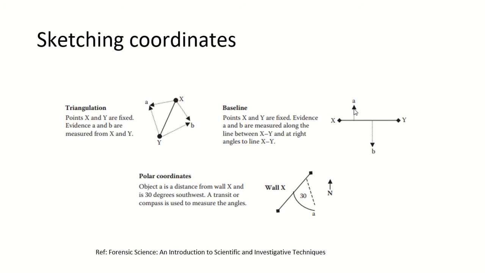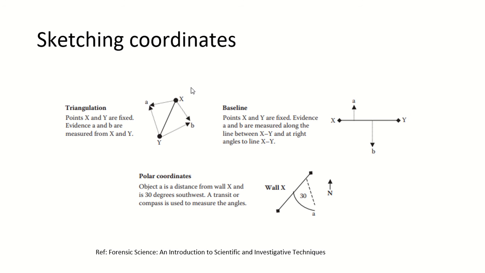The distance along the line between x and y, and at right angles to the line x and y, is measured. Here, what is the difference between triangulation and baseline? In triangulation, the distance is measured from both the fixed points.